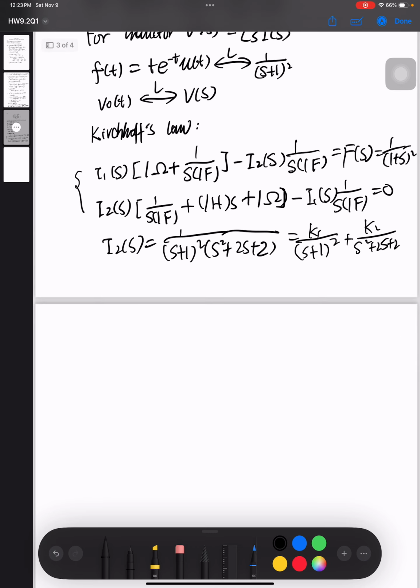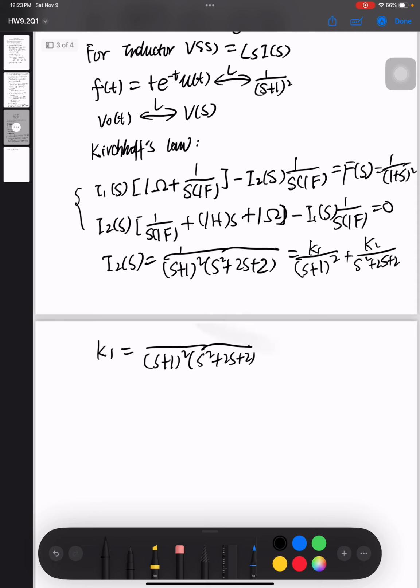We calculate at s equals minus 1, this part, right? So k1 we can get is 1.